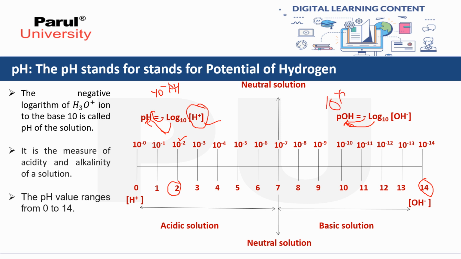So suppose your pOH value is 7 or 8, then the concentration will be written as 10 to the power minus 8, 10 to the power minus 9, or so on. The concentration of the solution is given as moles per liter.